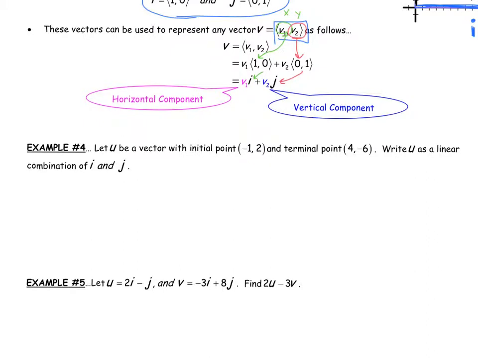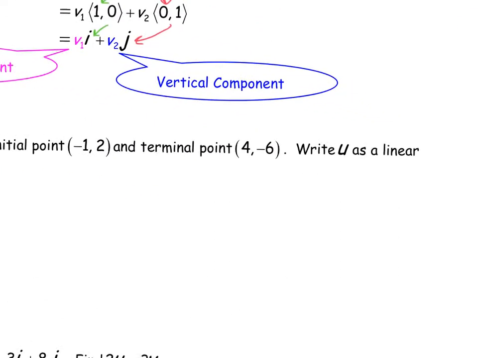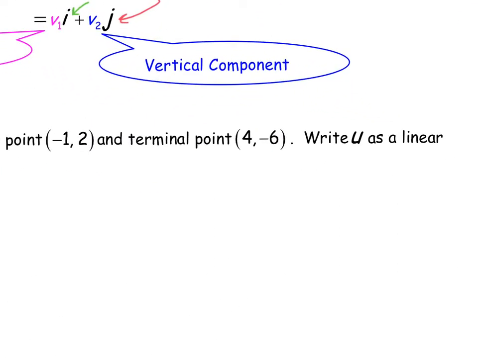All right, example number 4 on this Cinco de Mayo. Let u be a vector with initial point (-2, 2) and terminal point (4, -6). Write u as a linear combination of i and j. So, first we want to rewrite u in its proper form, like this. Remember, you take your components here, and we're going to subtract them.